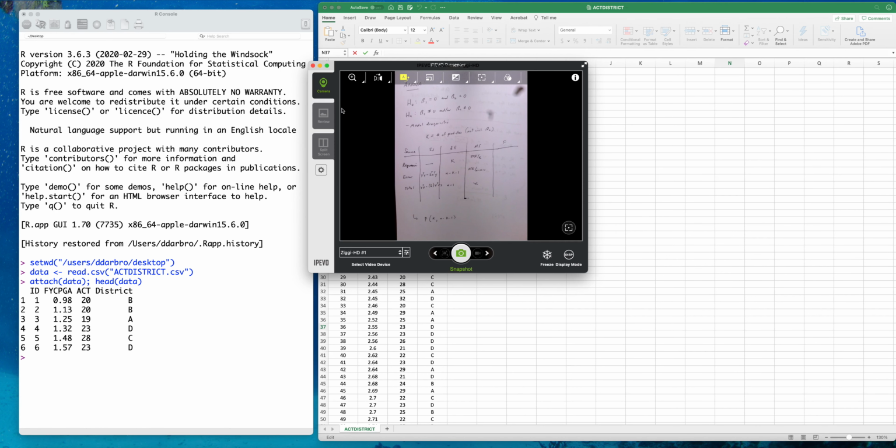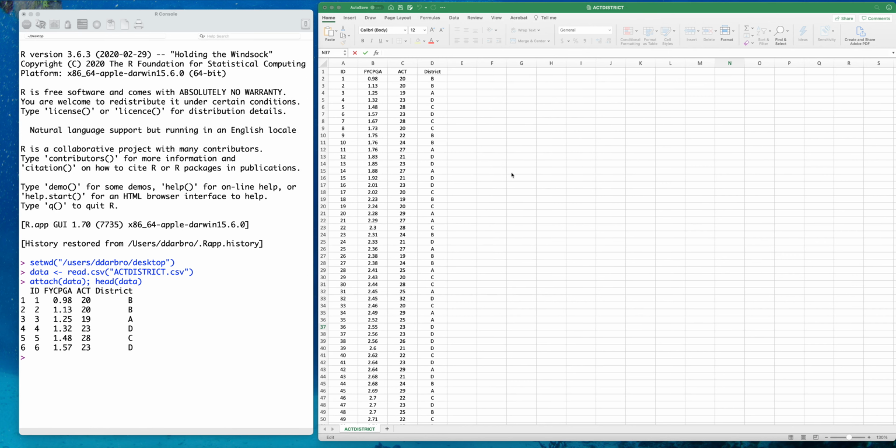Okay, well let's escape this and go to the illustration of dummy variables. Now, one thing I do want to, let me bring this back.